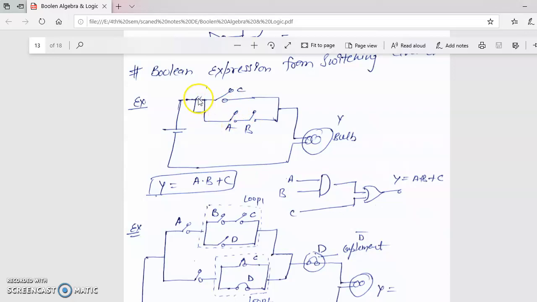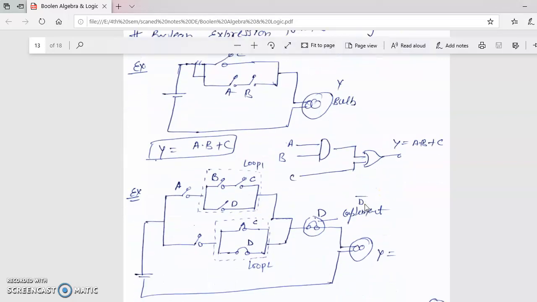This C is parallel to A and B, and this A and B are connected in series, right? These are connected in series, but both are parallel to C. Clear, students? Means A dot B plus C, right? Means this is the ANDing and this is the ORing. Means A, B is going to AND gate and C with OR gate.